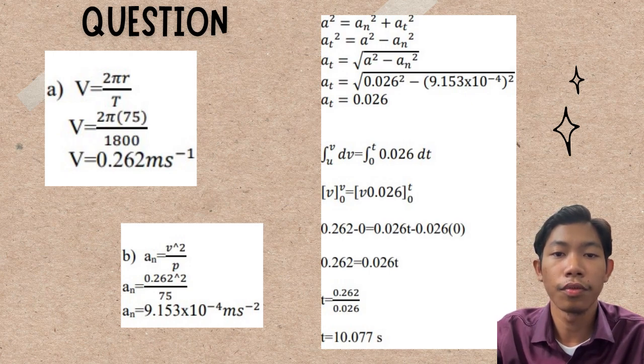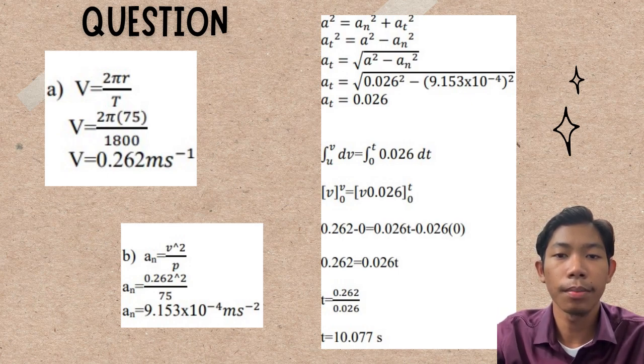An is equal to v squared over radius, and we get the answer 9.152 times 10 power negative 4 meter per second squared. Then by using this value, determine the value of at using at equal to square root of a squared minus an squared, and we get the answer 0.026 meter per second squared.